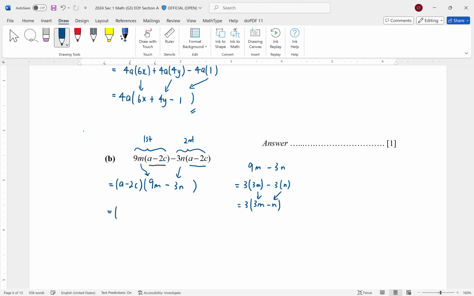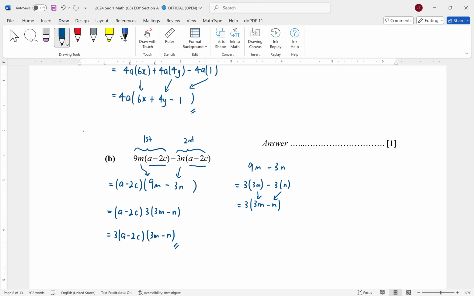So this second term inside the bracket, we can still factorize it further: 3m minus n. But usually we don't put the number in between the two terms with bracket. We take the number and put it all the way in front. So we get this.